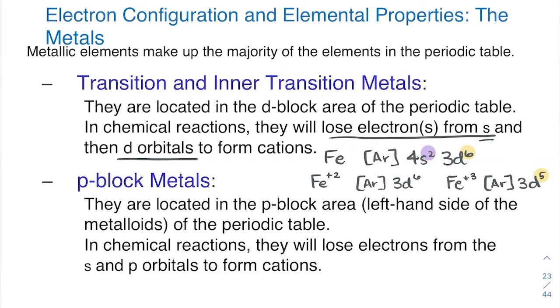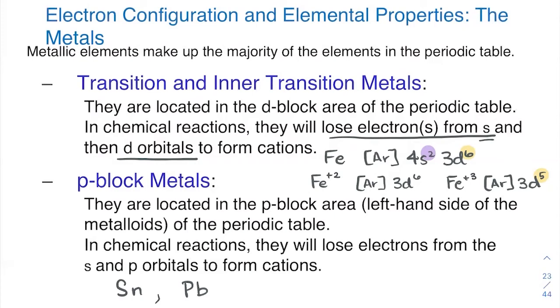Now the p block metals, there are not too many p block metals. The most common ones being tin or lead. These are metals. We haven't quite crossed the threshold of the metalloids yet, but they have s's, p's, and d's in their electron configuration.